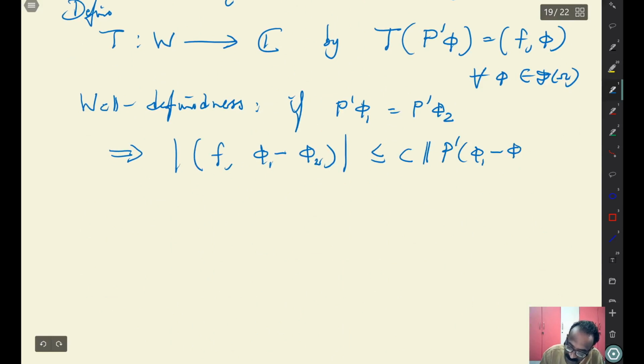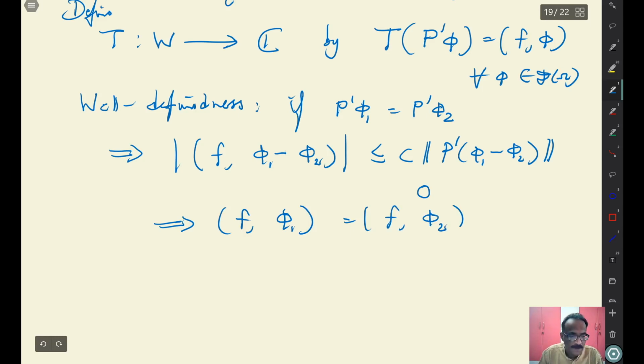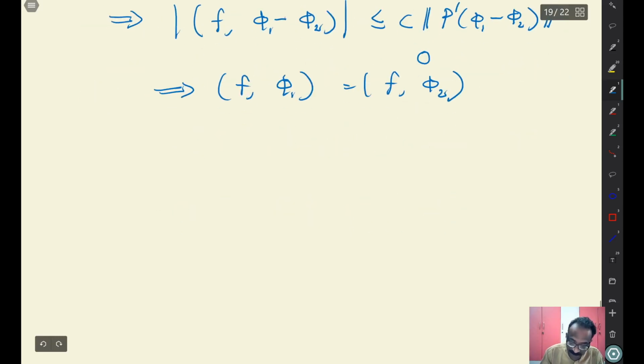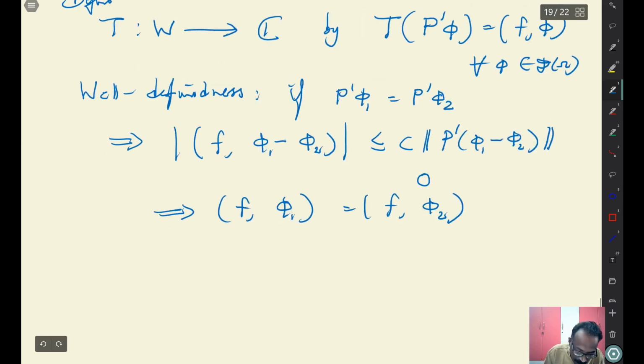But P dash is linear, so this is equal to 0. So this 0 implies f phi1 equals f phi2. So that is well-defined. That is one point.